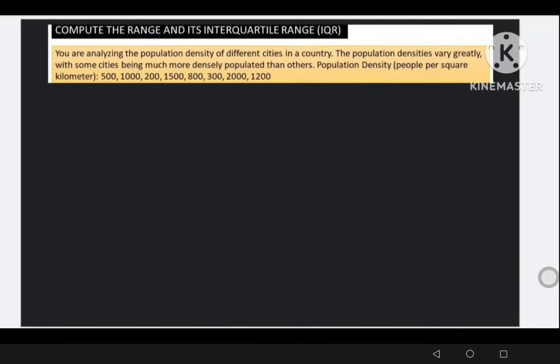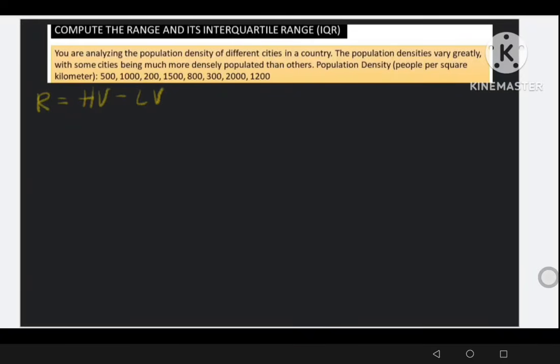First thing, we need to compute the range. We can recall the process for computing the range. Range is equal to the highest value minus the lowest value. So just spot the highest value and the lowest value. In this given data, the highest value is 2,000.